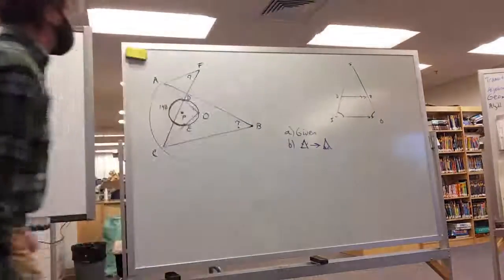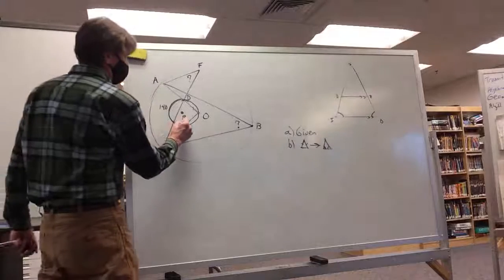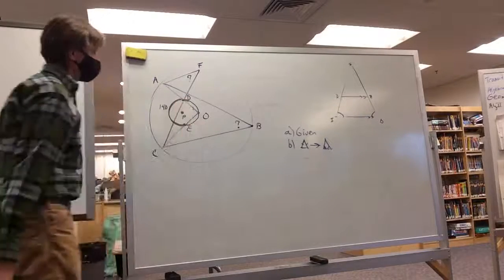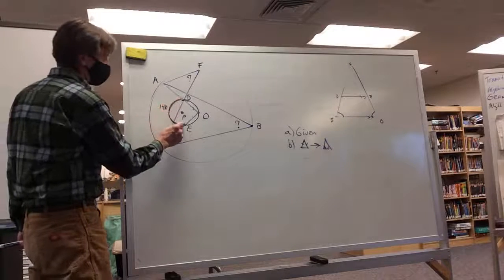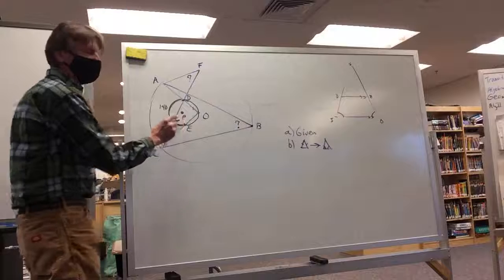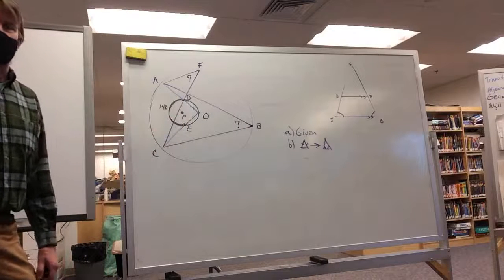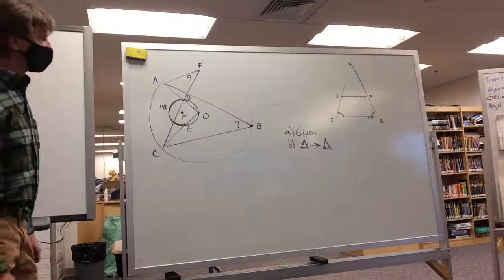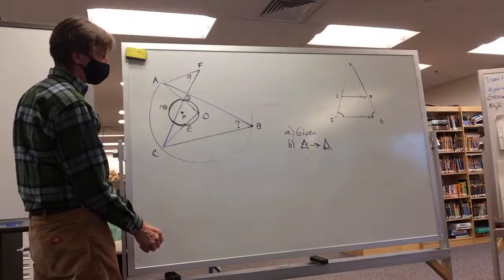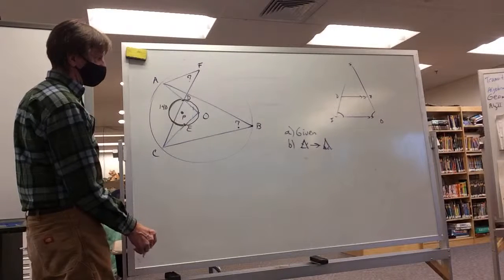Okay. So starting with that right there. If this is 140, how can we work backwards from that? Galen? O is 70.